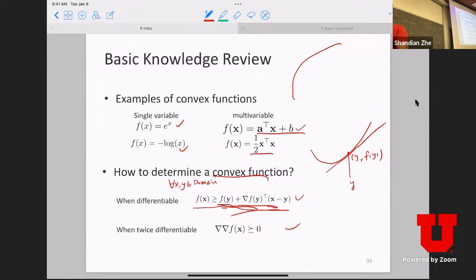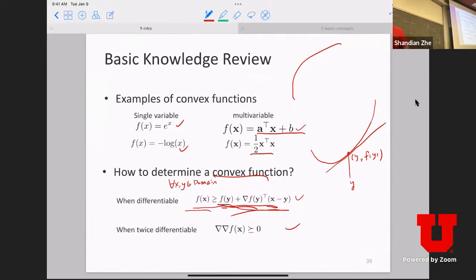So this inequality tells us you can pick any point on your function, draw a tangent line, and then every function value is bigger than or equal to that tangent line. So basically it says a convex function stays above all of its tangent lines. That's what this inequality tells us.